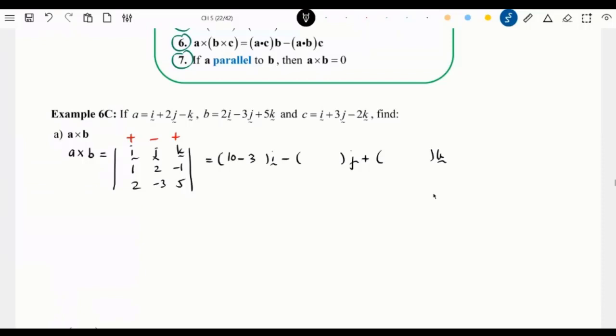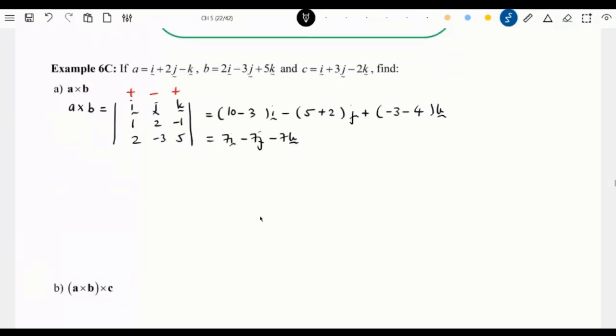For the J, 5 plus 2. And then for the K, negative 3 minus 4. Okay, good. So we end up with 7I minus 7J minus 7K. So that will be A cross B.